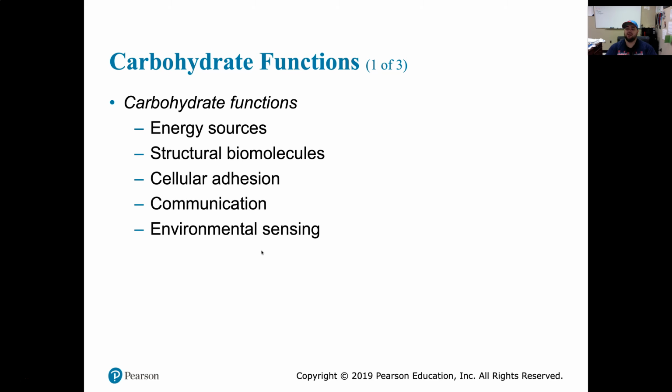Cells can stick together because carbohydrates tend to be sticky. Communication. We can use them as communication molecules. And then there's also something called quorum sensing or environmental sensing that bacteria that live in biofilms can do. We're not going to really worry about that one. But these are just some examples. It is not a comprehensive list.